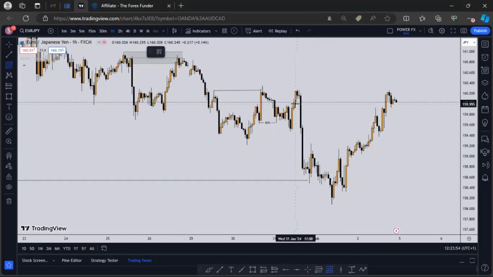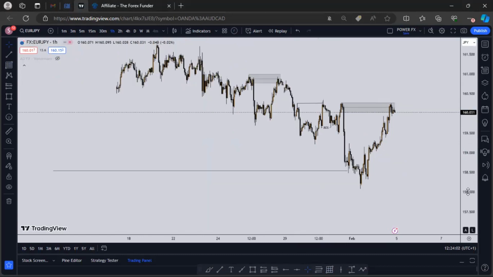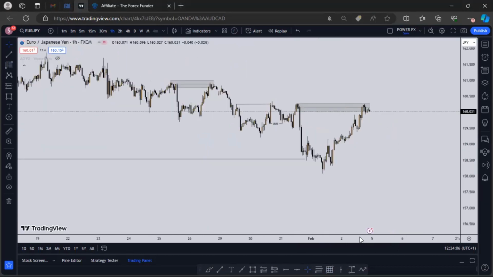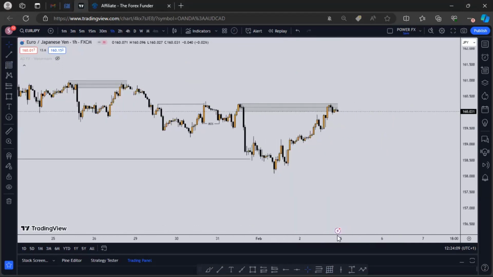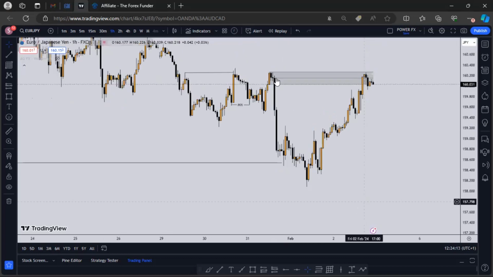But I want to tell you guys something here. Yes, this was the supply zone. But most definitely, this supply zone right now is very, very perfect because the order block is sitting at the supply zone.